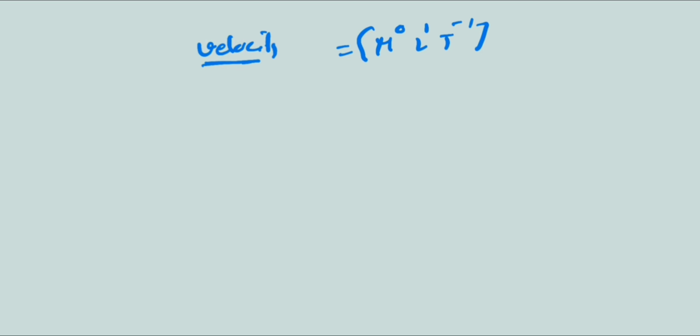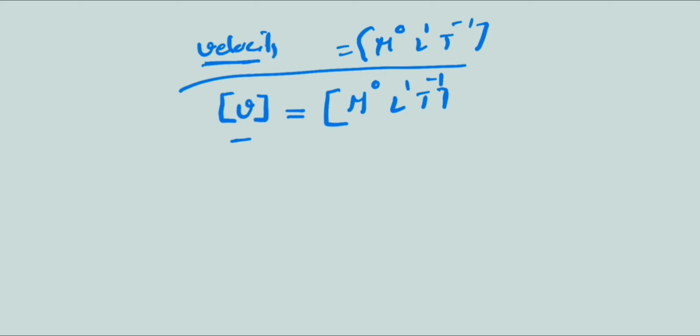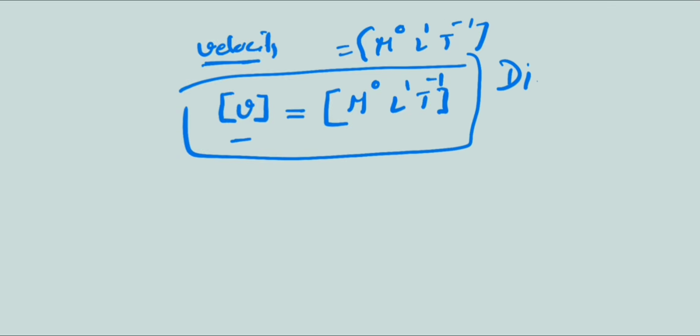If we represent velocity with a small v enclosed in square brackets, and then equate it with the dimensional formula of the velocity, we get the equation [v] = [M^0 L^1 T^-1]. This equation is known as the dimensional equation.